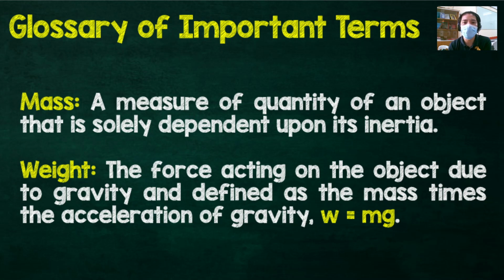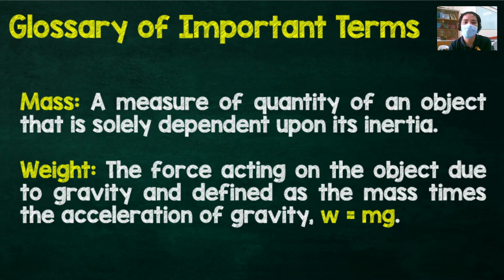But 1 kilogram is not equal to 1 newton. Whenever a body with a certain amount of mass moves from Earth, for example, to the moon, your mass will not change, but your weight will.